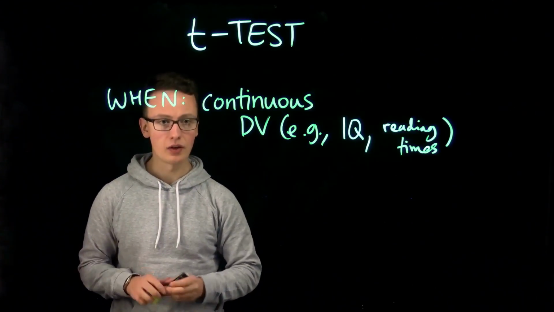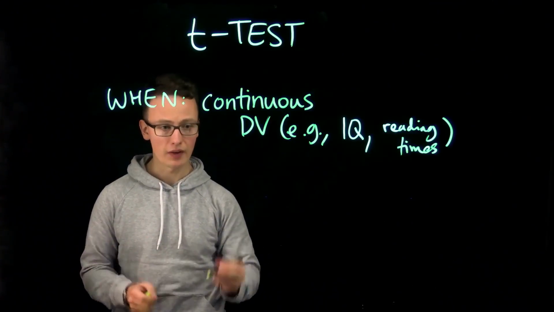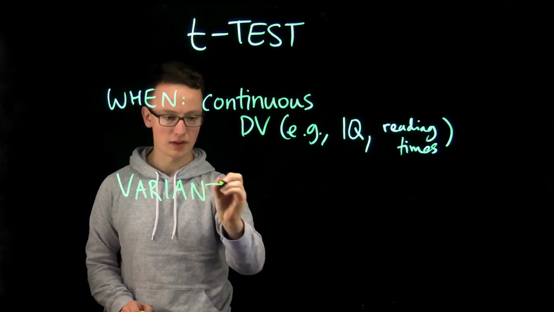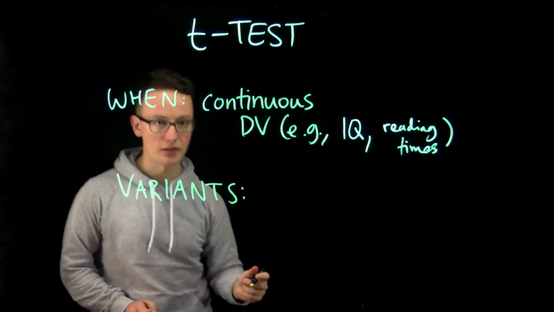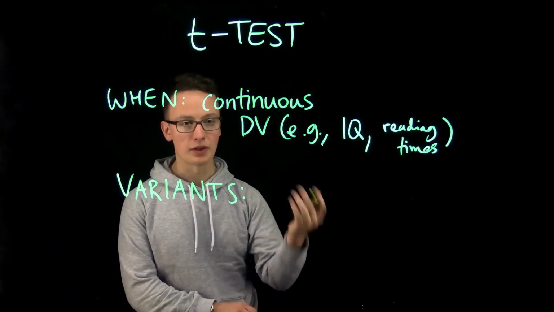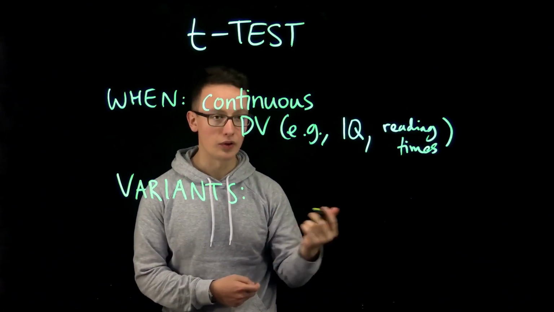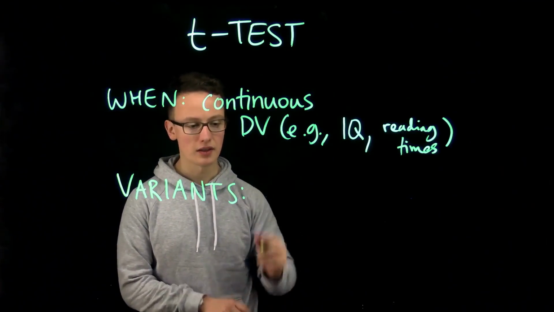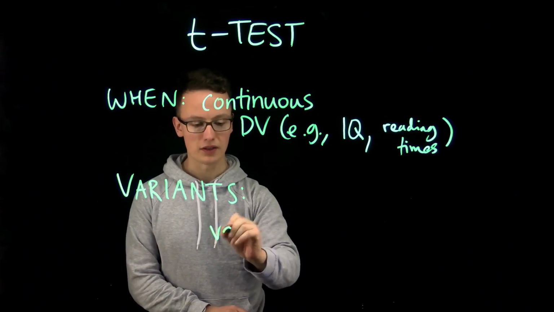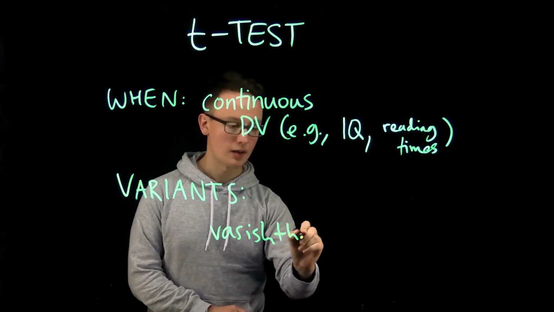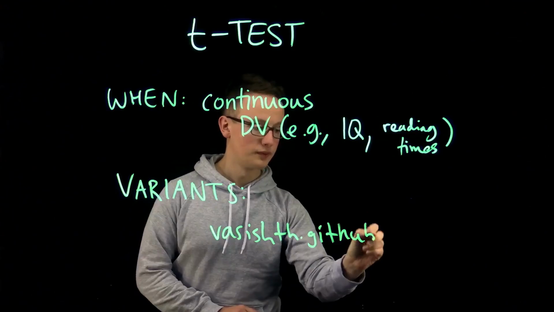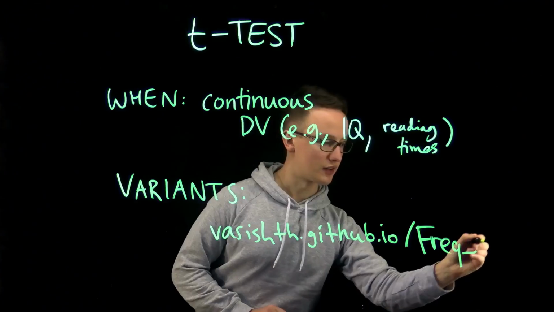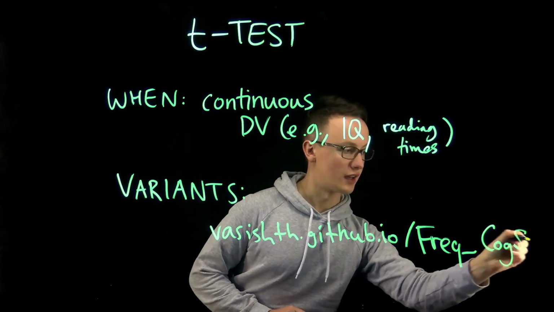In order to learn more about the different variants of the t-test, which you've surely covered in last semester's course, Statistical Data Analysis 1, I'd suggest you maybe revisit the materials from Stats 1, or you could also check again Chapter 2 of the textbook by Vasishth and colleagues, which you can find on vasishth.github.io/FrequentistCogSci, right?